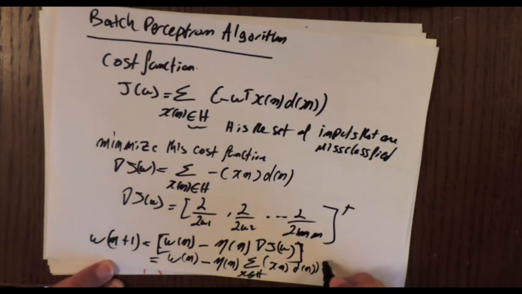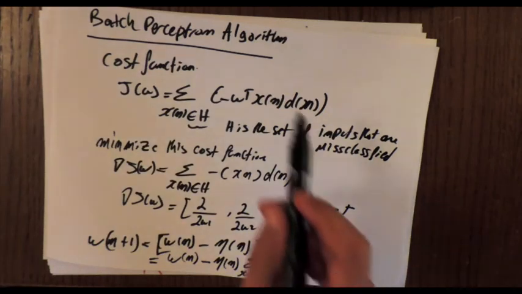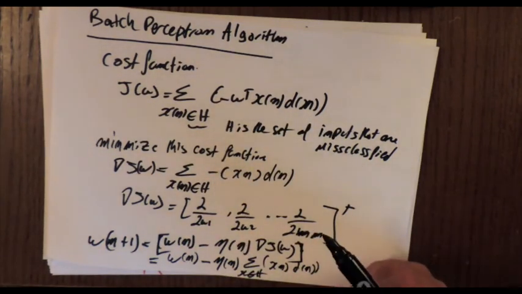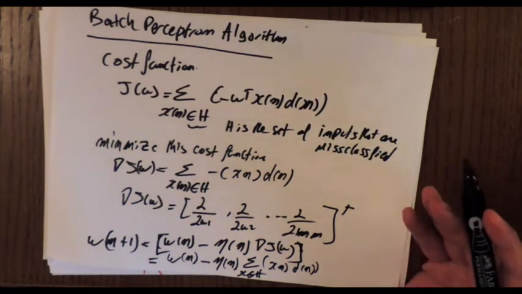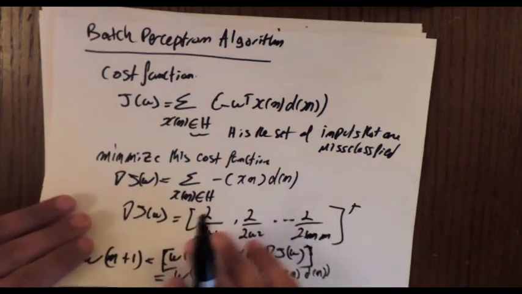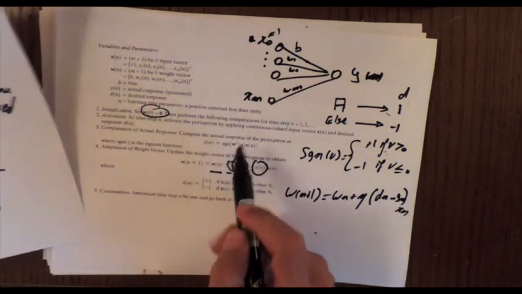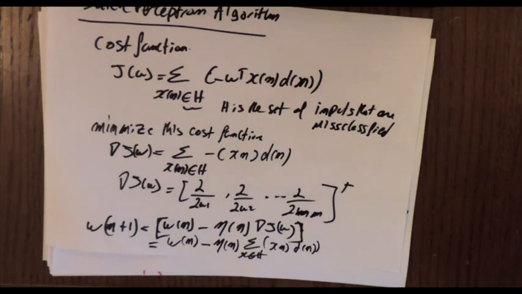And this is the batch algorithm that works on minimizing this cost function, which minimizes the number of misclassifications. So it's a different update rule. It works the same as the perceptron convergence algorithm, but instead of using the earlier rule, we're going to use this rule, which minimizes those misclassifications.